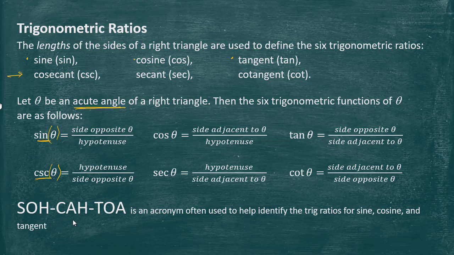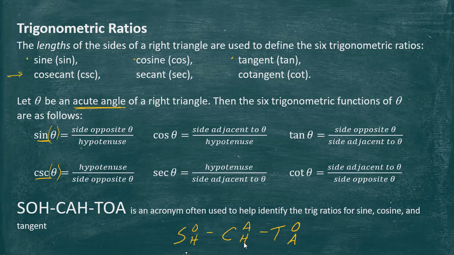Now, an acronym you might recognize that helps us remember what those ratios are is the phrase SOHCAHTOA, which sometimes can be written as something that looks like this at the bottom of the screen, to help even more with what the ratio would be.